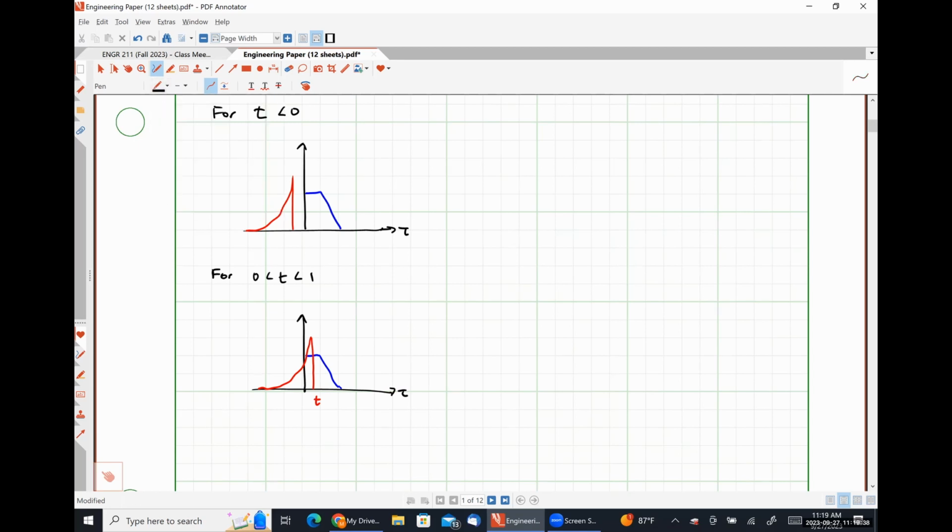So y of t will be the integral from 0 to t of 2, which is a contribution of the blue curve because it has a fixed value, and then we're going to have 3e to the negative t minus tau d tau, and then I'll leave it up to you guys to actually do that calculus.